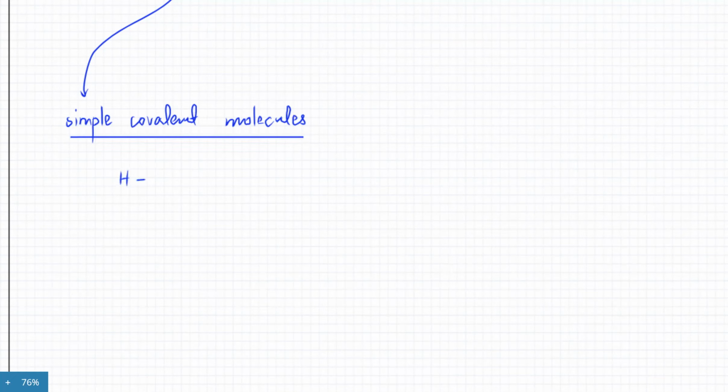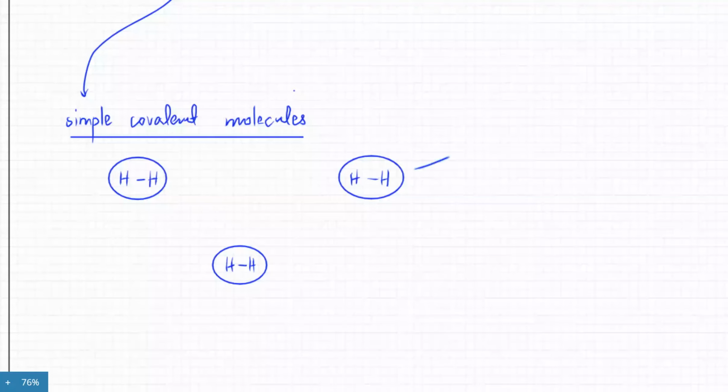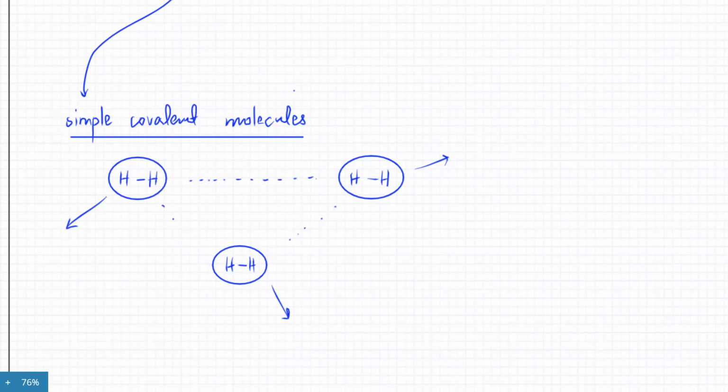For example, if you have a hydrogen molecule, another hydrogen molecule, and a third hydrogen molecule, they're all flying around randomly, they're gases. And there would be some weak attractive force between these particles.